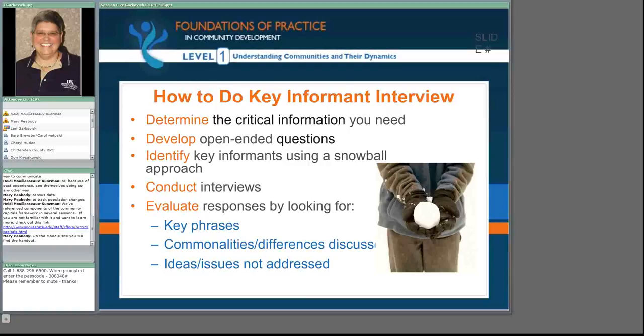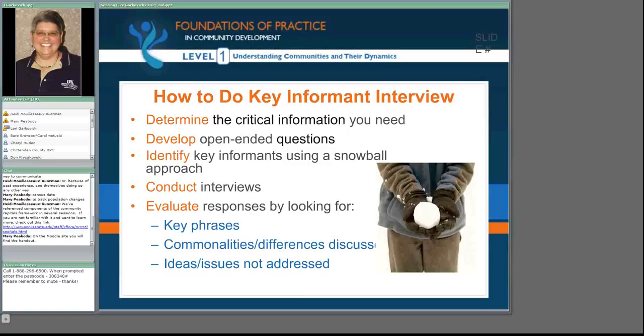What you get then is a lot of conversation, and then you look at it and you say, oh my goodness, how am I going to deal with this? I got pages and pages and pages of comments that people have made. So how do you evaluate that? What you do is you look for key phrases. You look for commonalities as well as the differences in what got discussed.